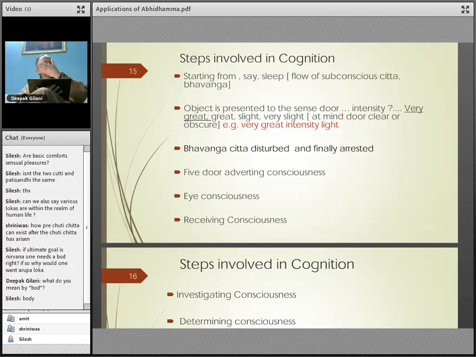Because you are arising from the subconscious level, the five-door adverting consciousness says, okay, light has come, so then eye consciousness will begin to arise. Then that eye consciousness will receive it, so there will be a receiving consciousness. These are all very infinitesimal mind movement phenomena. And then there will be investigation of what this light is, an infinitesimal moment of investigation of the phenomena.